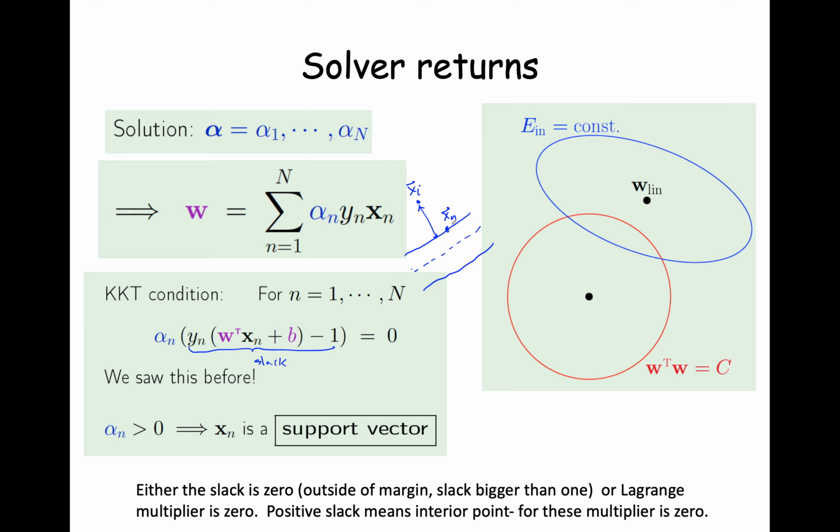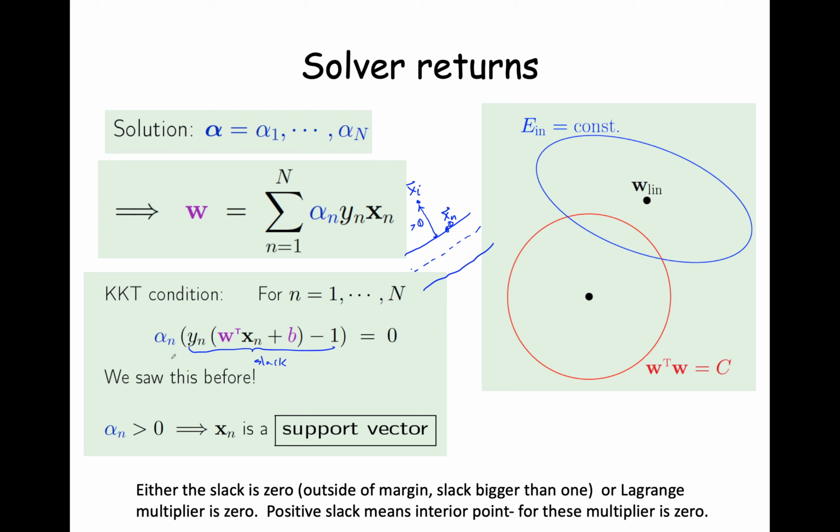The slack for this one is 0, because it's right on the margin, and therefore the slack for an off-margin point that is further away than the closest point, the margin point, is going to be greater than 0. So let's take a look at this expression.